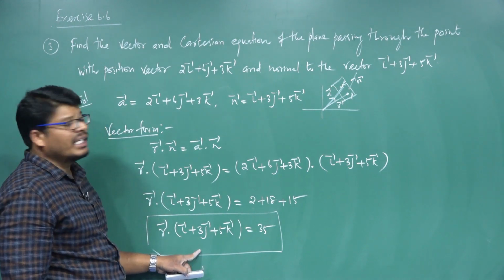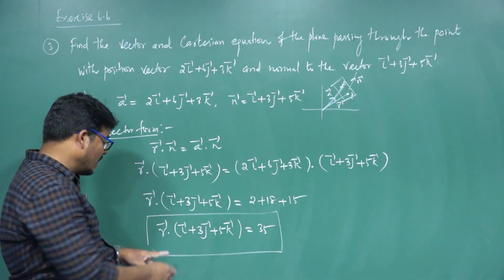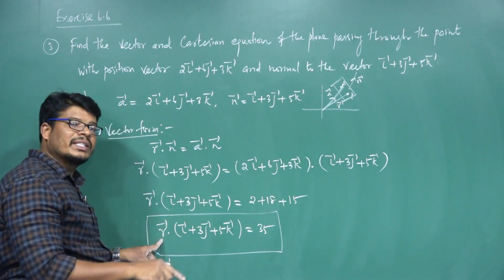Next, find the Cartesian equation of the plane. For the Cartesian form, let r vector equal xi plus yj plus zk.